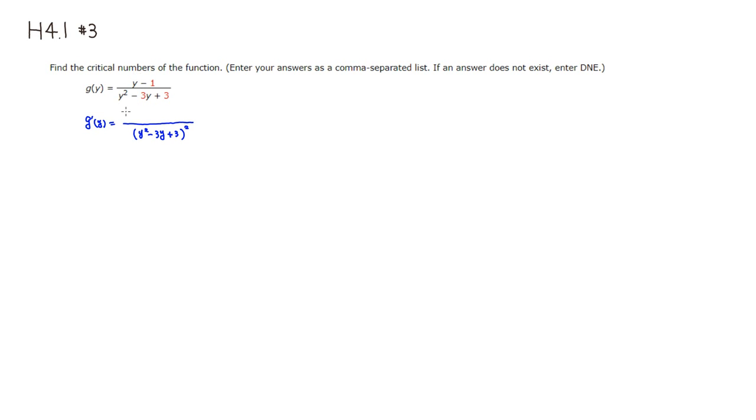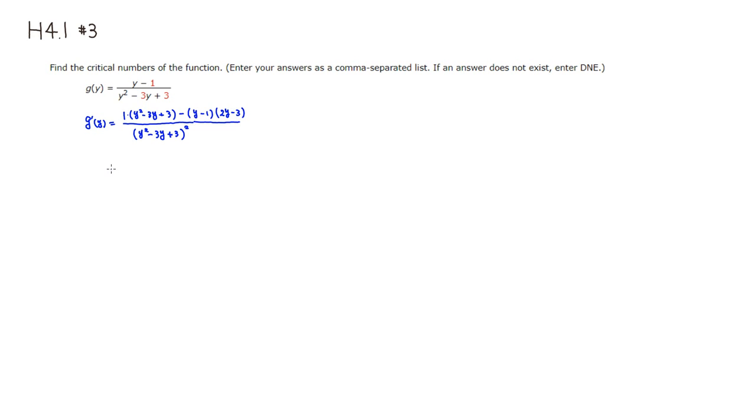Derivative of the top is 1 times the denominator, which is y squared minus 3y plus 3, minus the top, which is y minus 1, multiplied by the derivative of the denominator, which is 2y minus 3. That's by the quotient rule.